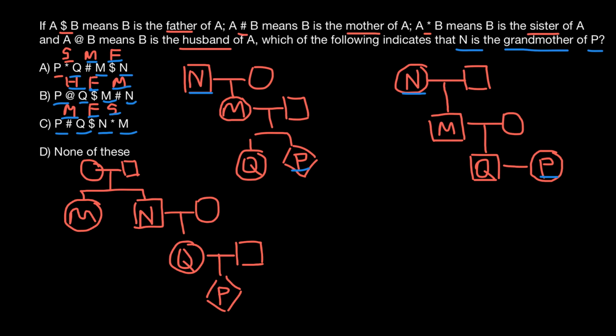Again, we are looking for the relationship between N and P. N has to be a grandmother of P, but we see that N is a grandfather of P, so none of the answers are correct except answer D, none of these.